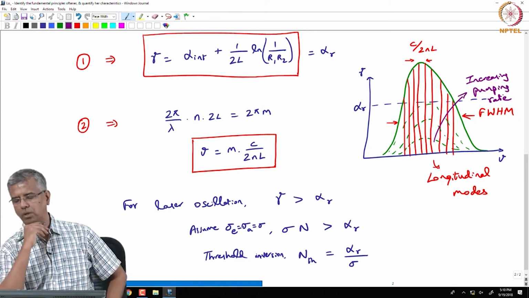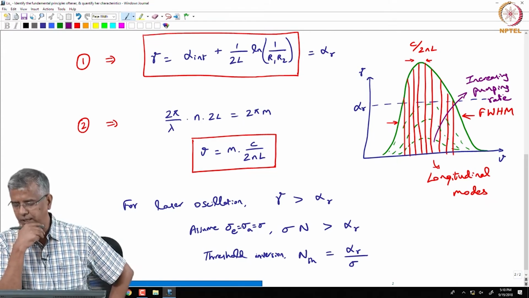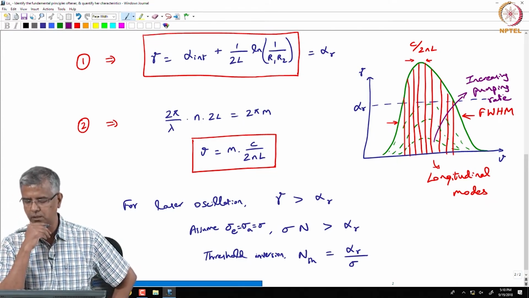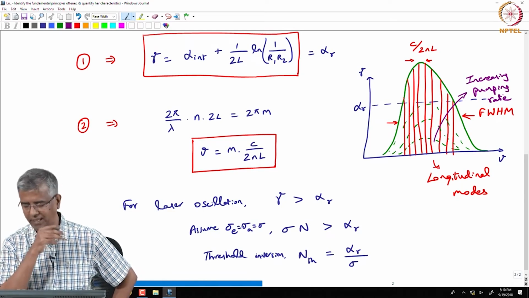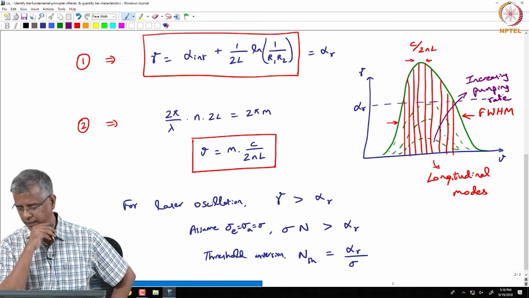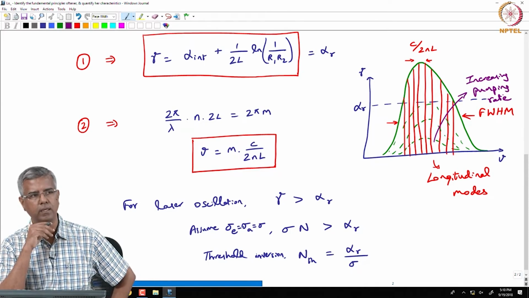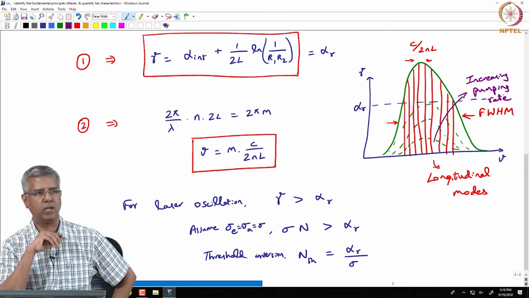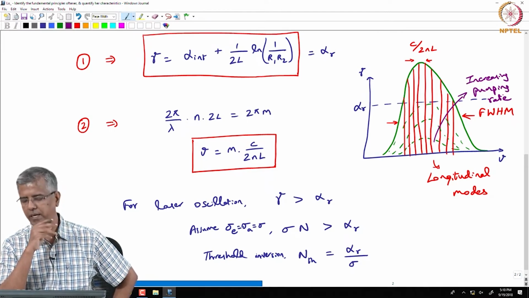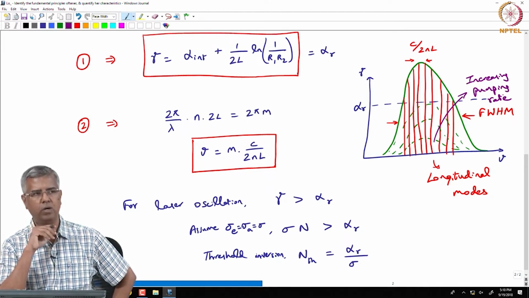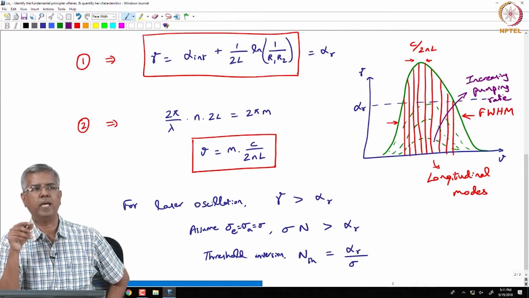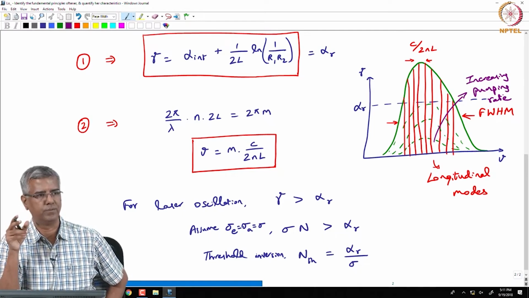And now let us see if we can express this in terms of a slightly different quantity rather than looking at alpha r, which is the resonator losses. Let us look at it from the perspective of the average lifetime of a photon.